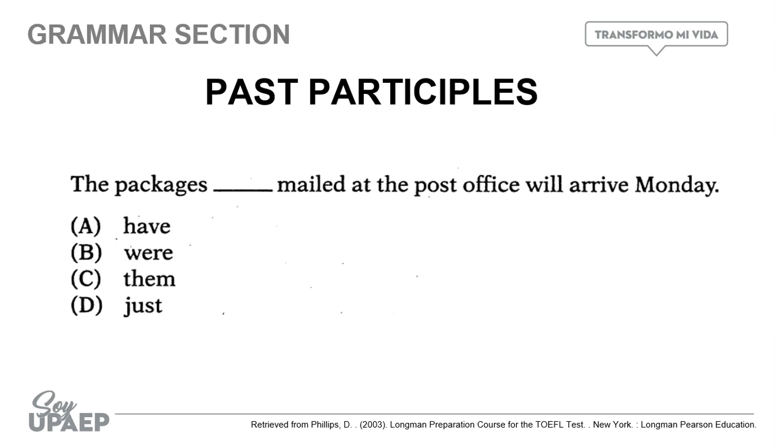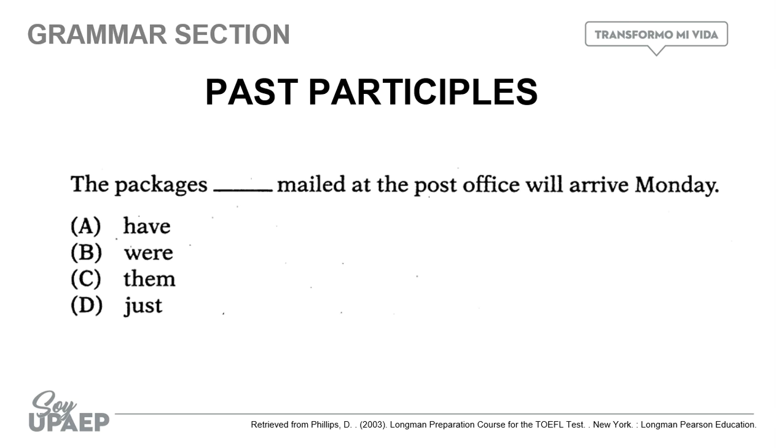Let's try an example. We have: the packages blank, mail at the post office will arrive Monday. So remember, it is important that we learn how to identify subjects and verbs in sentences. So we know that our verb is will arrive. So by knowing that, we automatically can eliminate options A and B. Why?